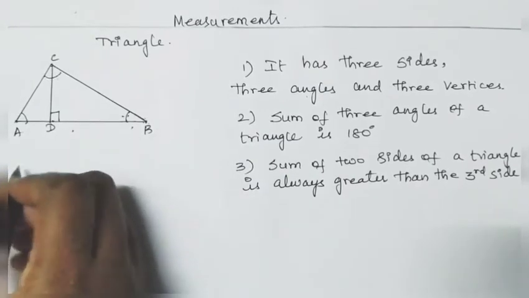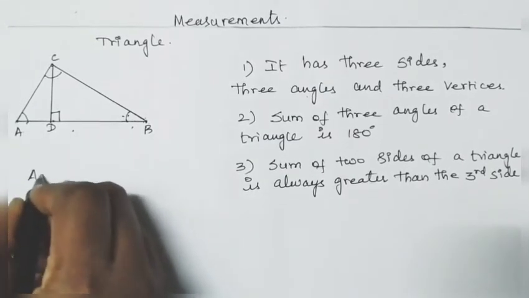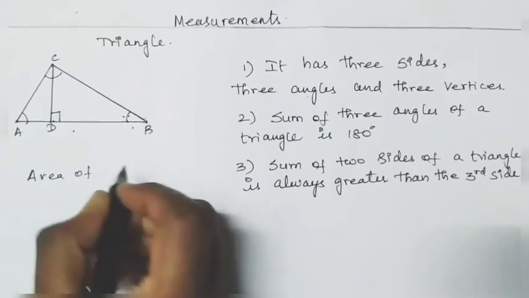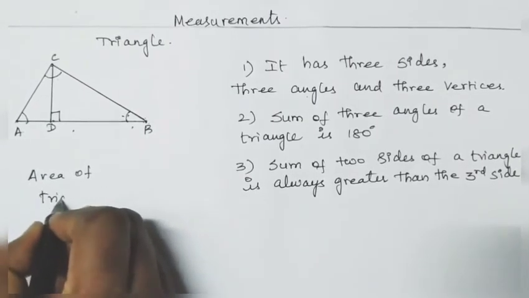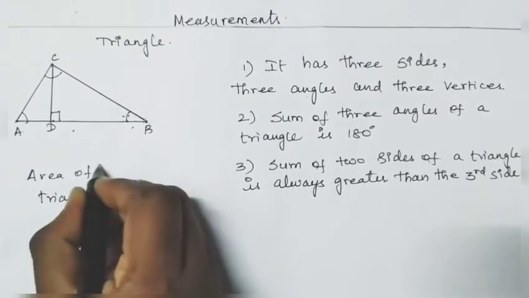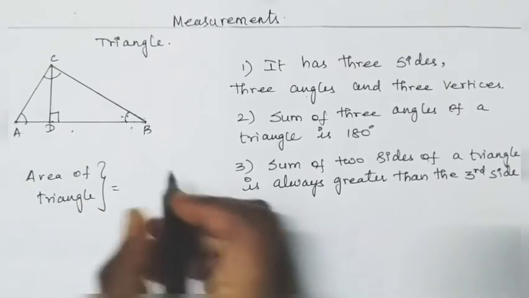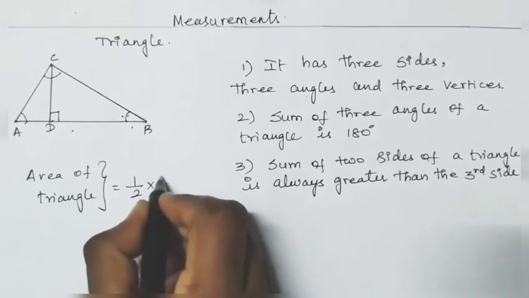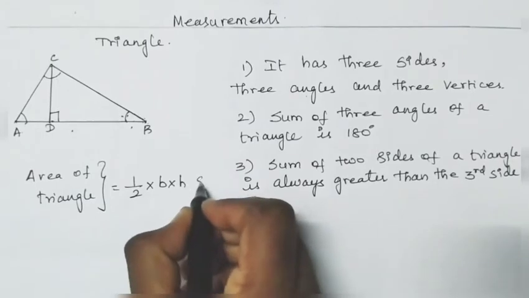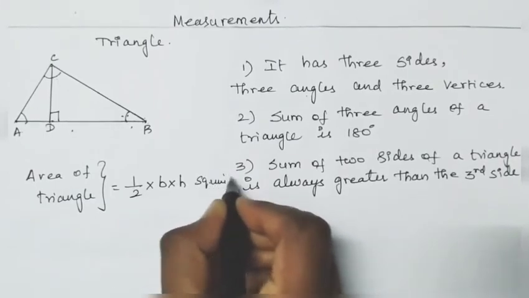Now let's see the formula to calculate area of a triangle. Half into base into height square units.